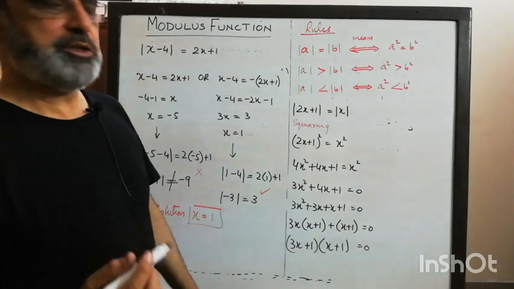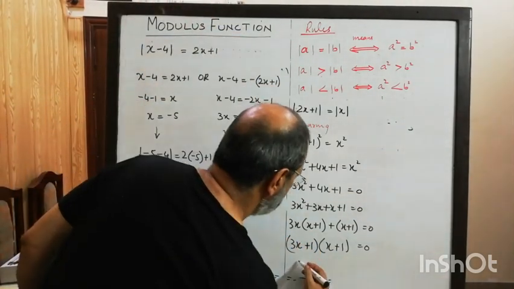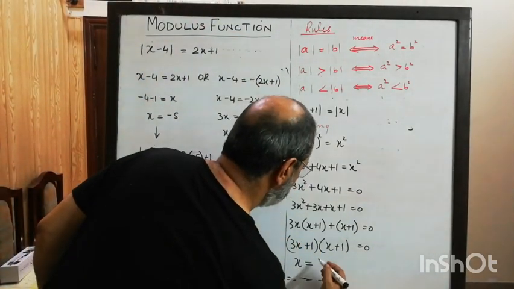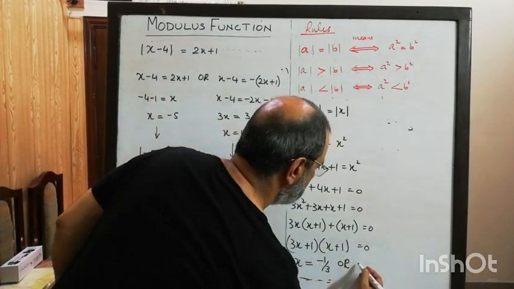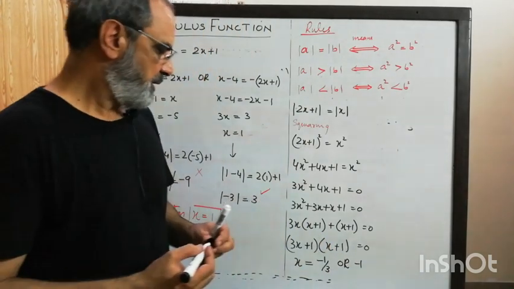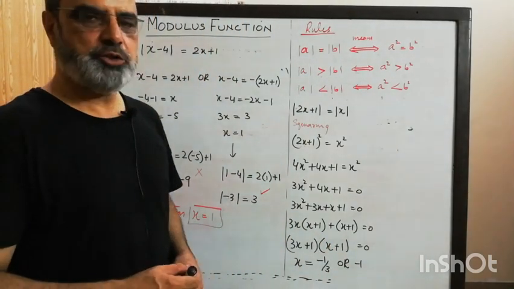It gives me two values of x: x is equal to minus 1 by 3 and x is equal to minus 1.